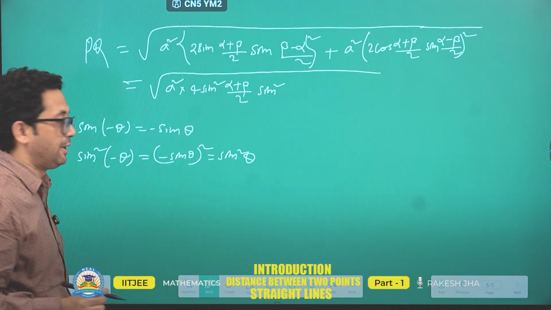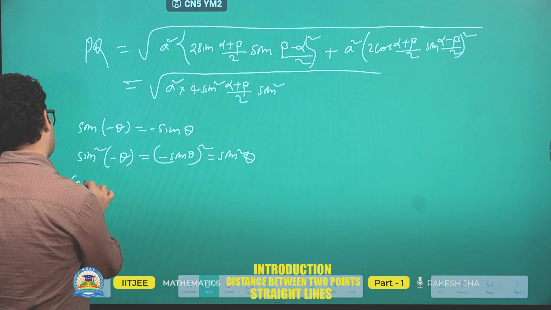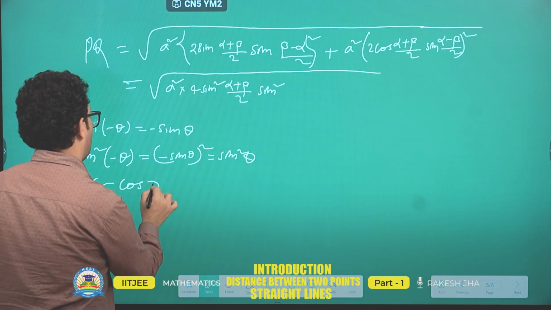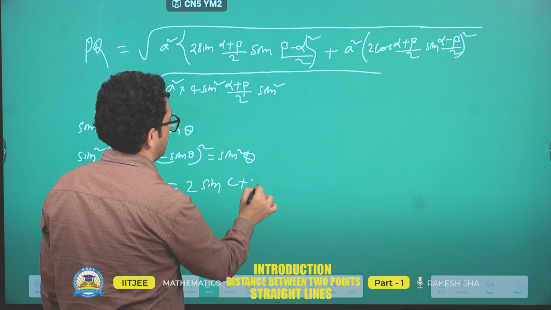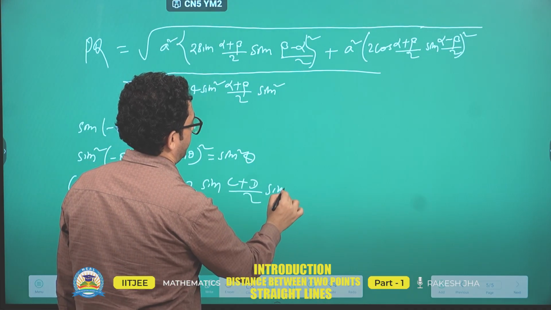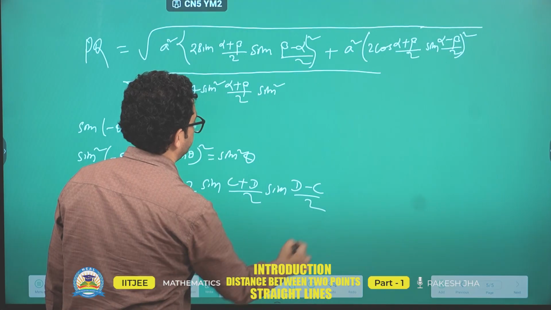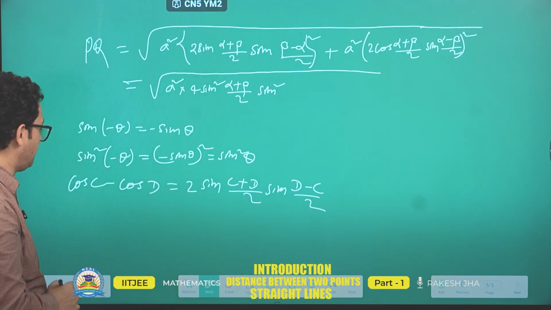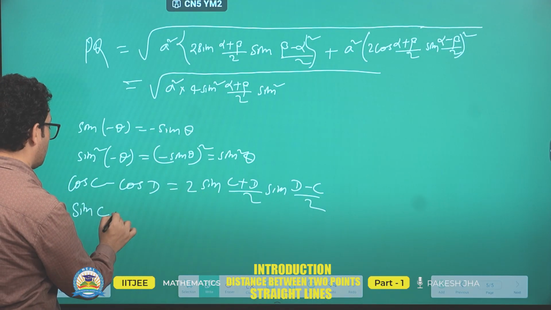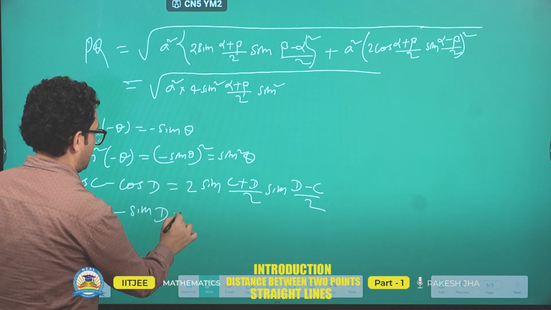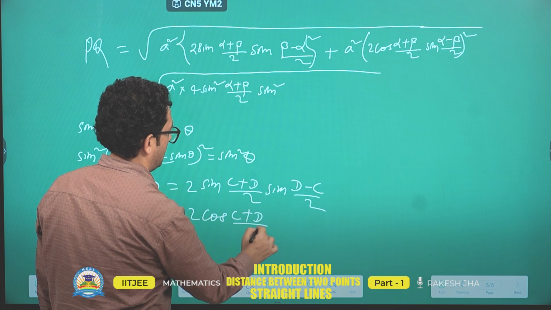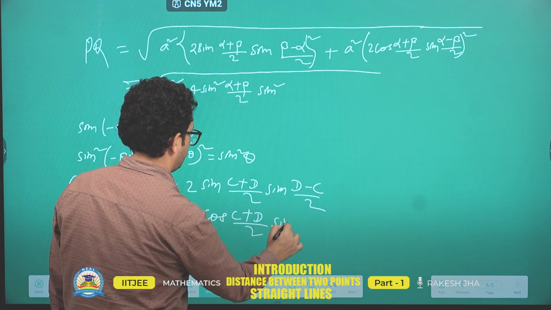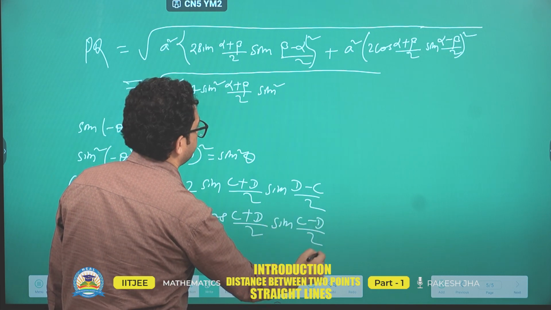The formula that we have used here is cos C minus cos D, and that is equal to 2 sine (C plus D) upon 2 sine (D minus C) upon 2. And the other formula that we used is sine C minus sine D, that is equal to 2 cos (C plus D) upon 2, and then sine (C minus D) upon 2.